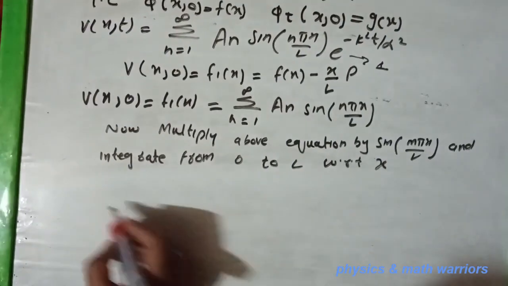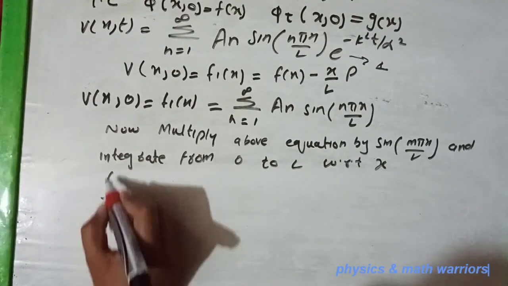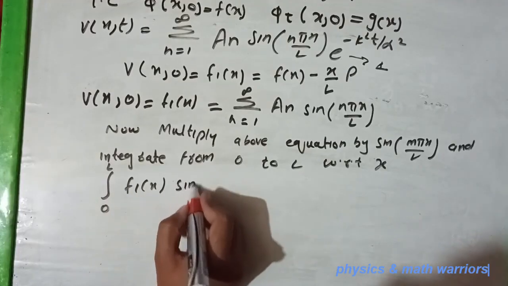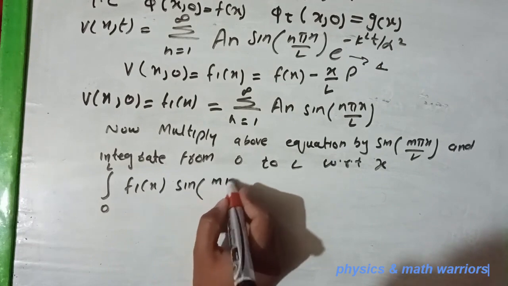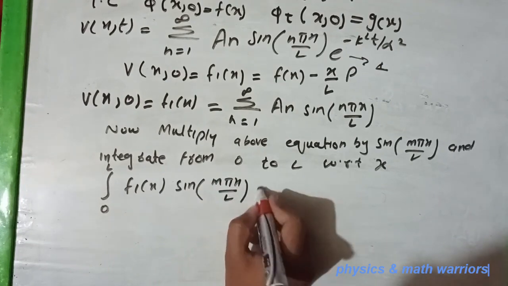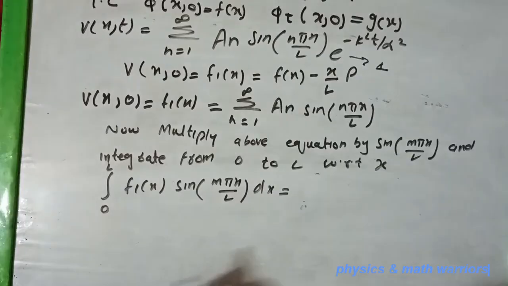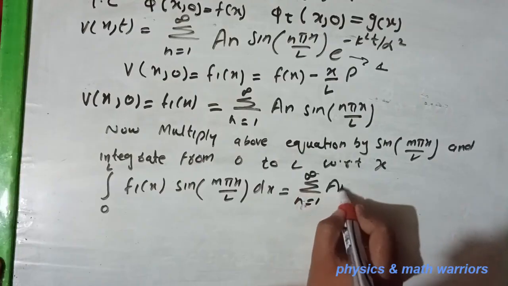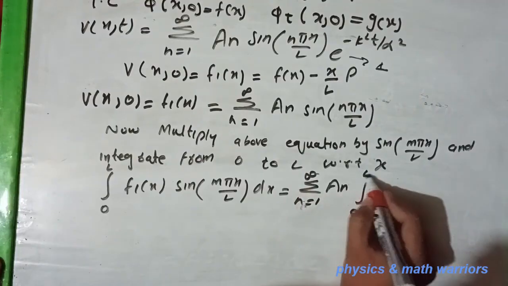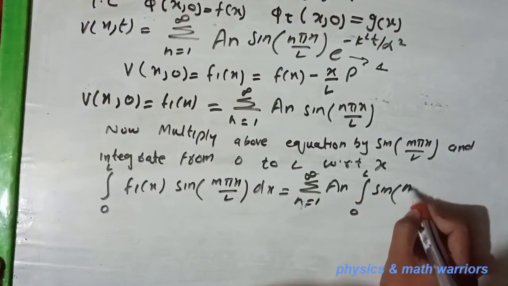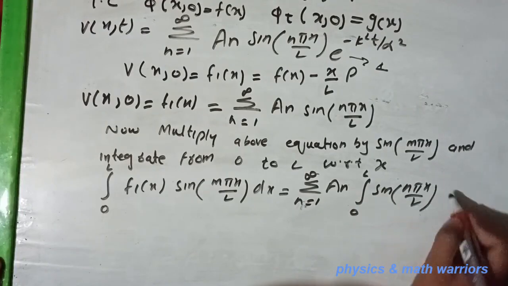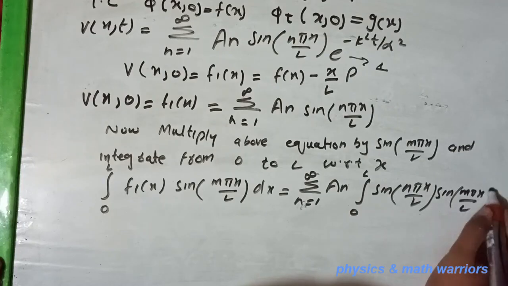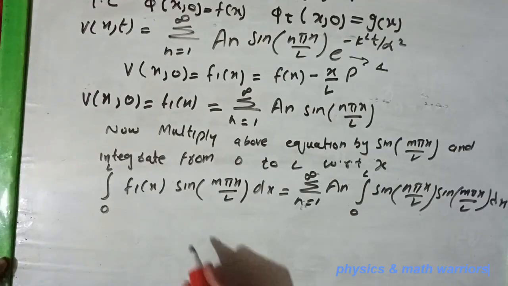So this becomes integral from 0 to L f1 of x sin m pi x over L dx is equal to summation n is equal to 1 to infinity an integral from 0 to L sin n pi x over L sin m pi x over L dx.